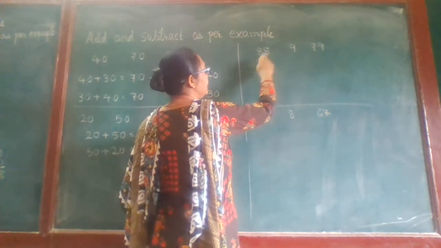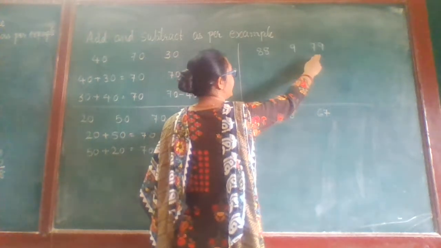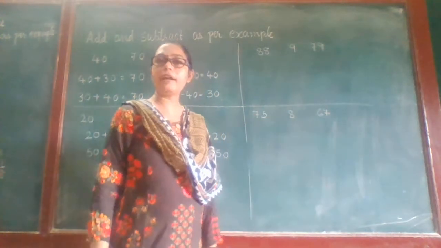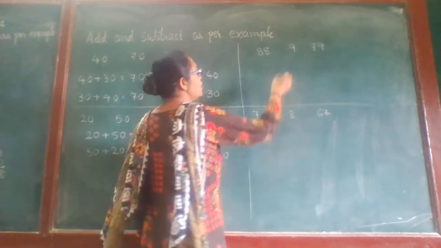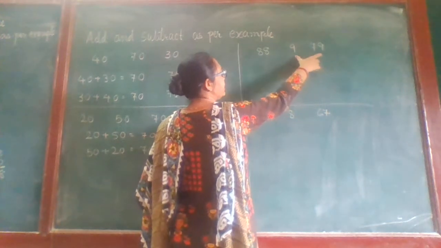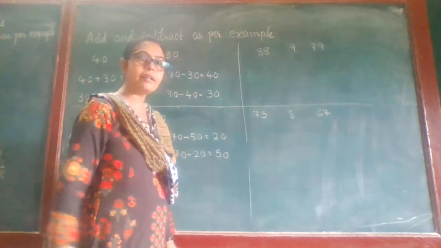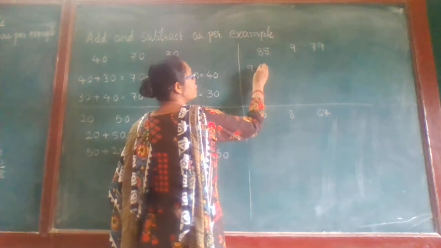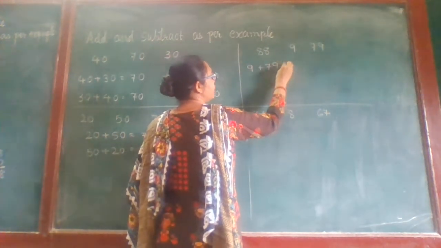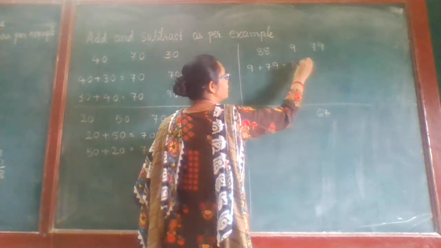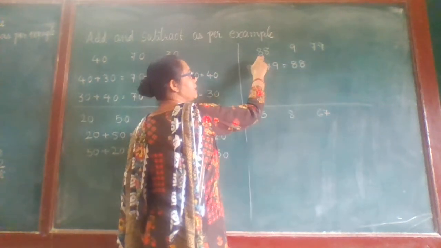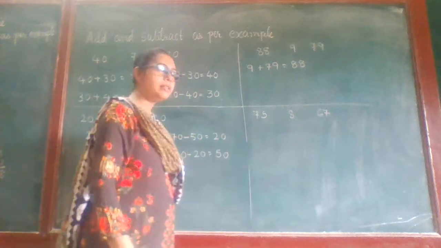Again, 88, 9 and 79. So first of all we have to find the two smaller numbers. Okay, so 9 and 79, they are smaller than 88. So when we add two smaller numbers, we get the bigger number. 9 plus 79, we get 88.